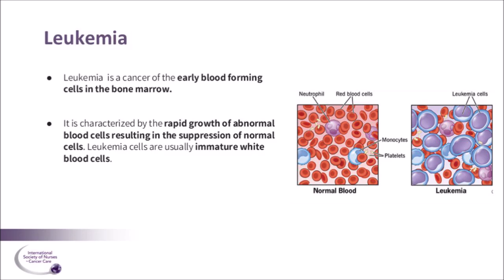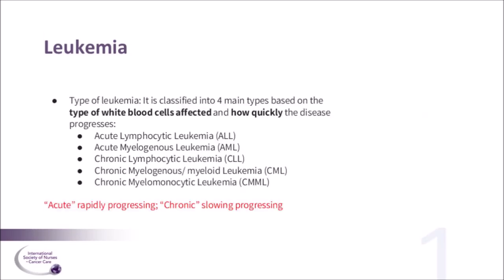Unlike other cancers, leukemia doesn't generally form a mass tumor that shows up in imaging tests, such as X-rays or CT scans. Leukemia is classified into 4 main types based on the type of white blood cells affected and the progression speed of the disease.